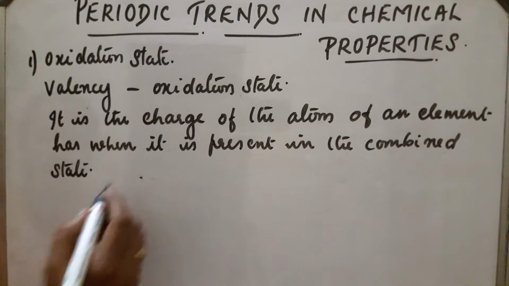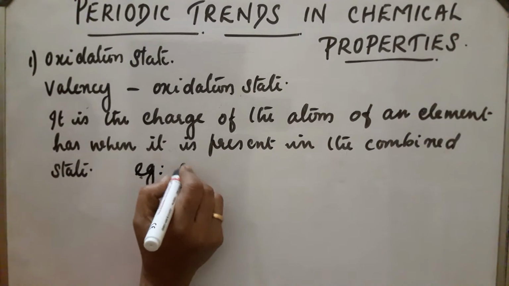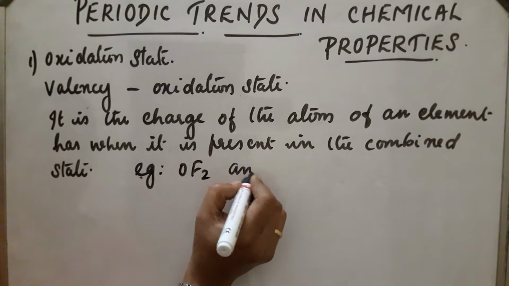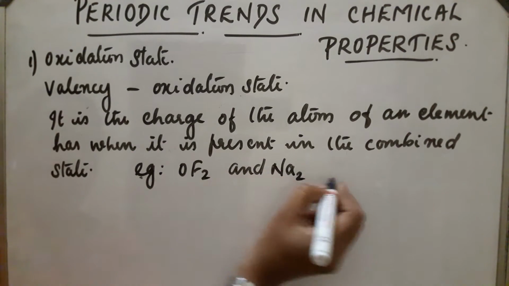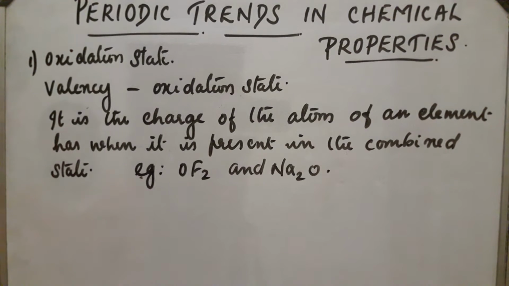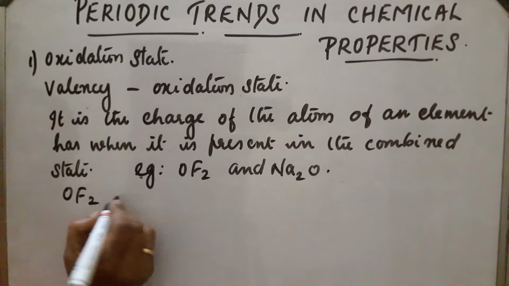Let us take two examples, OF2 and Na2O. How can we explain the oxidation state of the atoms present in these chemical compounds? First, let us take OF2.